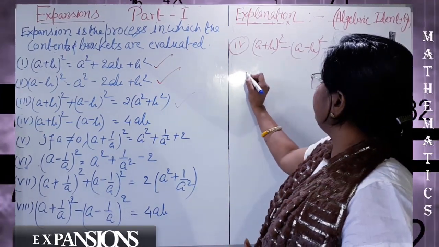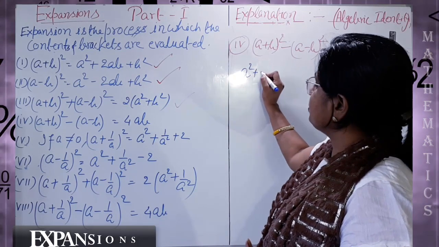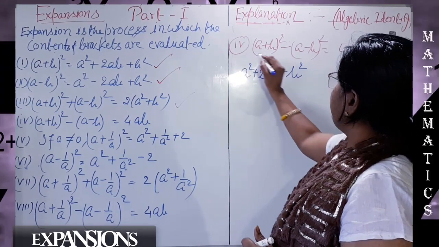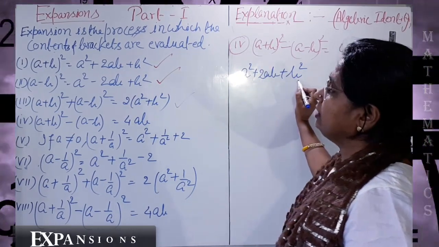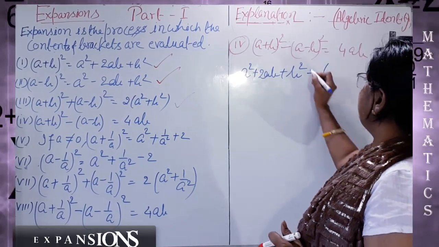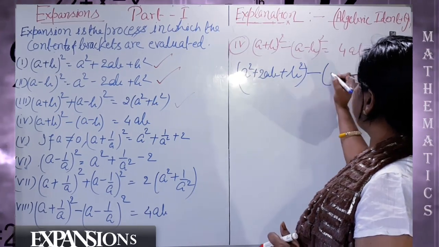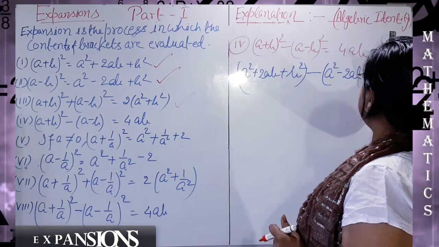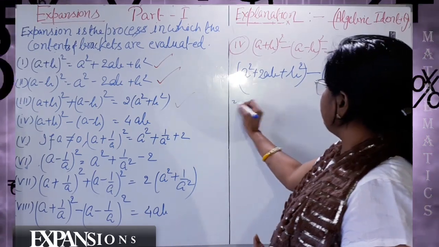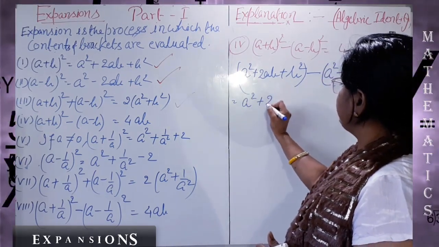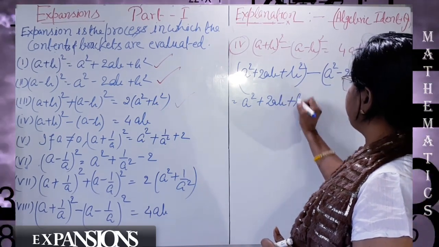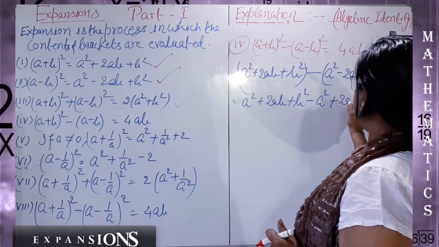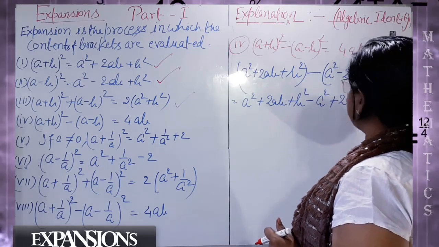(a plus b) whole square minus (a minus b) whole square. From the first number we can write a square plus 2ab plus b square, minus (a square minus 2ab plus b square). This is a square plus 2ab plus b square minus a square plus 2ab minus b square.